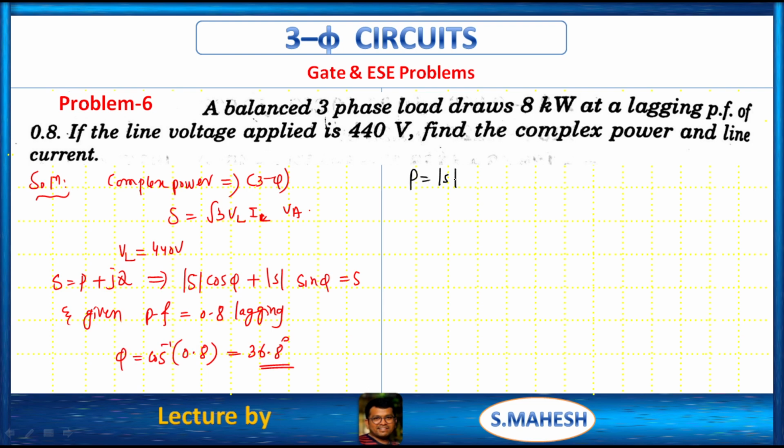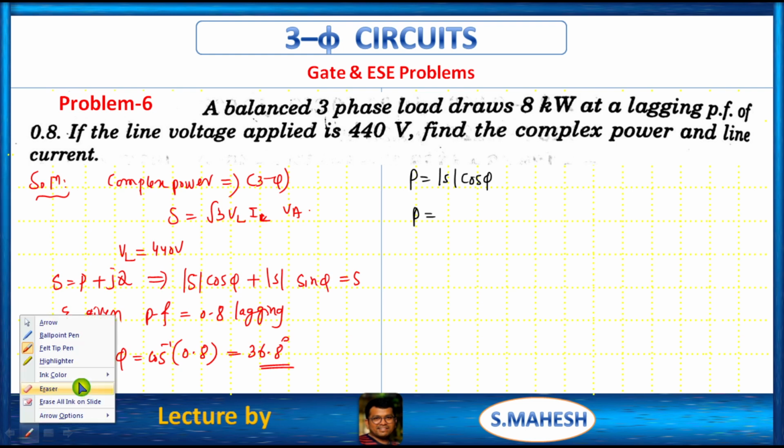Now we have to get S. P is S cos phi, so S is P by cos phi. Given that a balanced 3-phase load draws 8 kilowatts at a lagging power factor of 0.8, the 8 kilowatts is the active power.